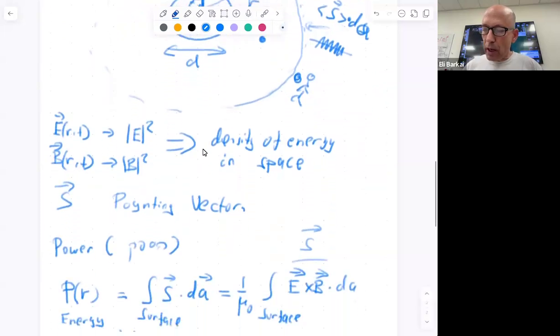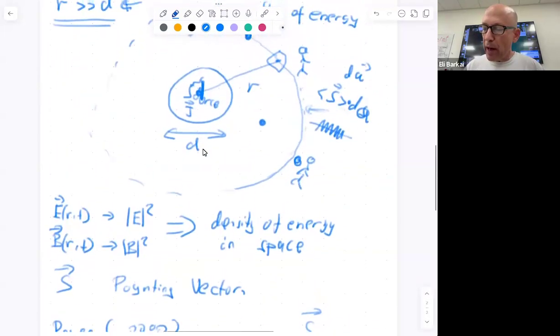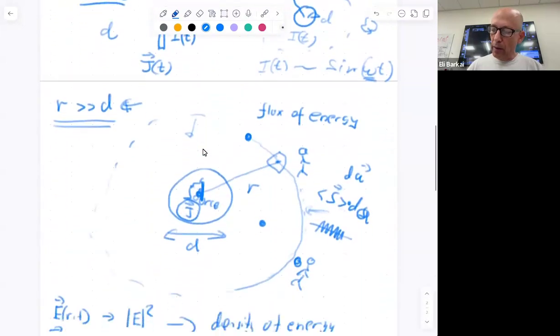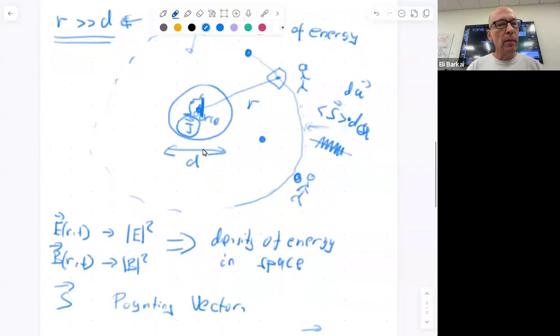Now, where does the energy come from? Of course, the energy is conserved. It comes from the fact that here I have these currents. The system, of course, has some resistance, and to maintain the frequency of oscillation, this omega that I had before in these oscillating currents, I need to put in energy.